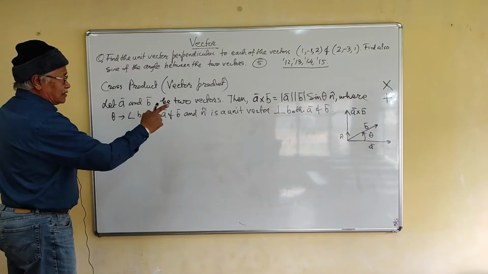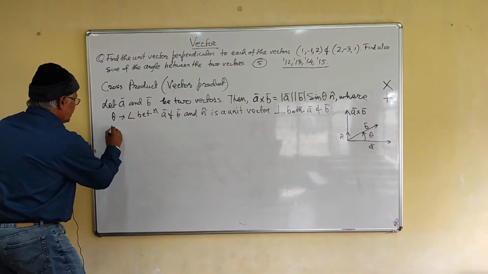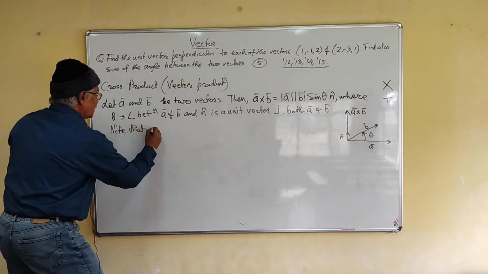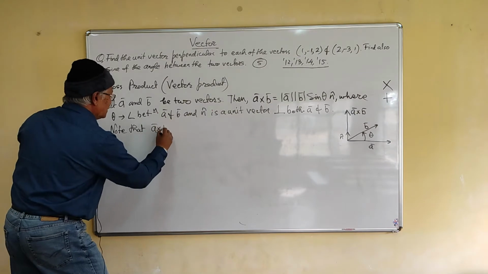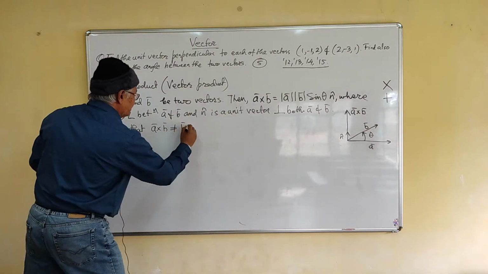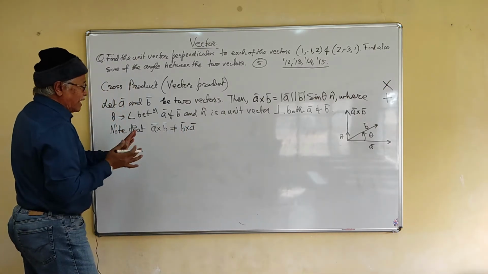So note that A cross B is not equal to B cross A. You know what happens?